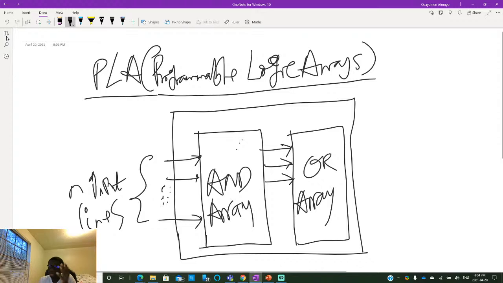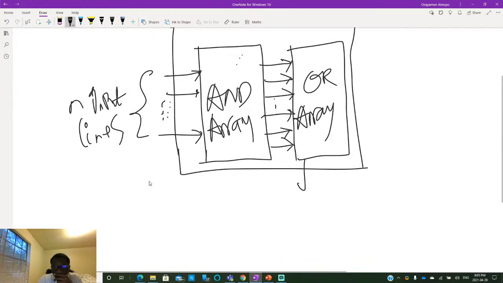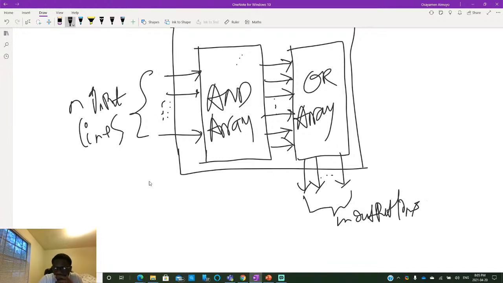It depends. That's why it's programmable. You can choose what terms you would like to generate, or design them. And you can have multiple of these as well, depending on your purpose. And then you have M output lines.